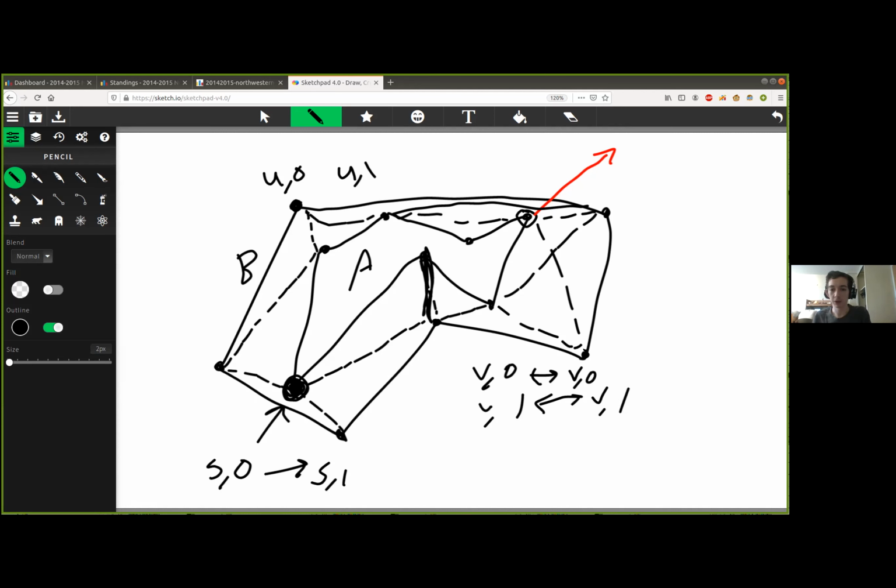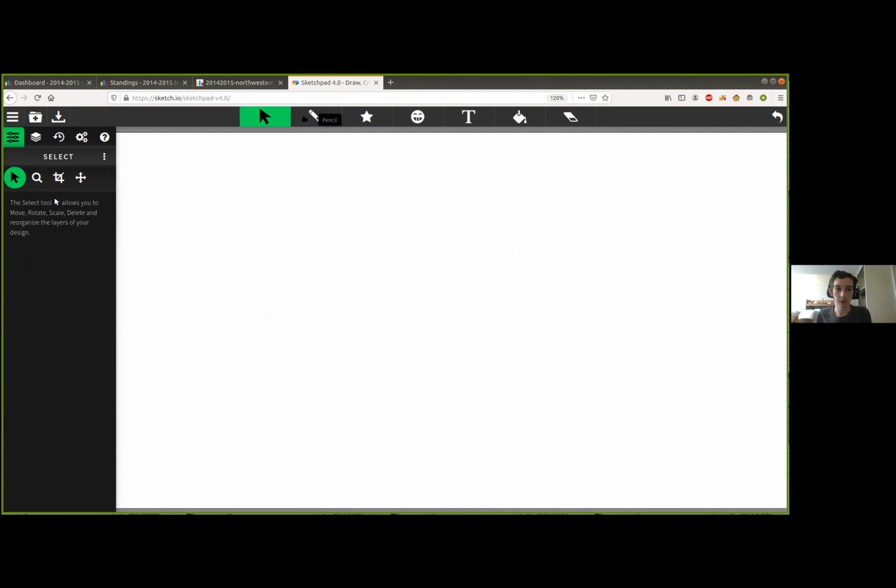And if it does cross the ray, then this edge would be from U0 to V1, between those two. So that's essentially how I keep track of whether I've actually been around the polygon. So let's see why something can't cross the ray and then come back.